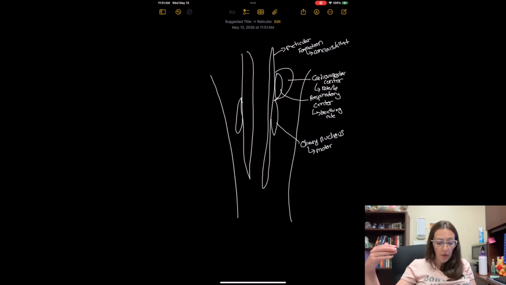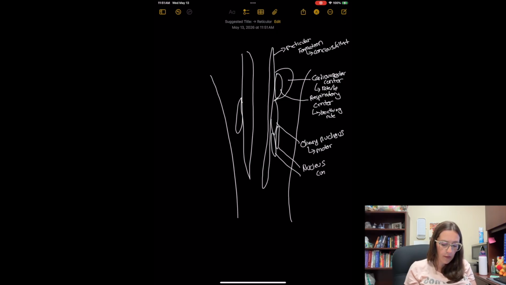This olivary nucleus works alongside two other structures called the nucleus cuneatus and the nucleus gracilis.